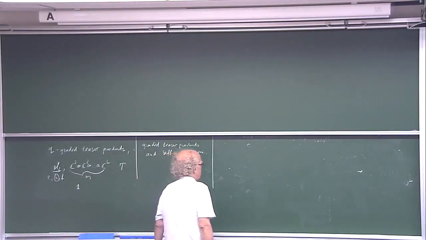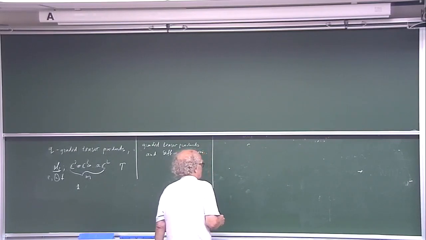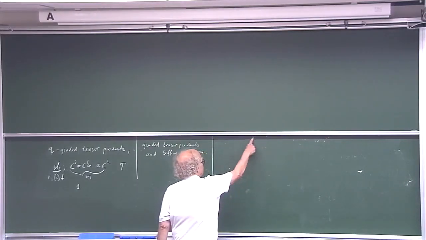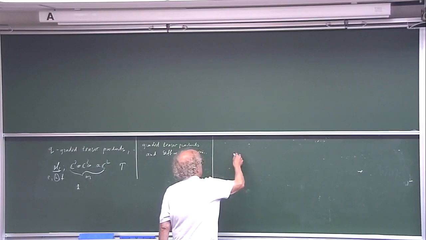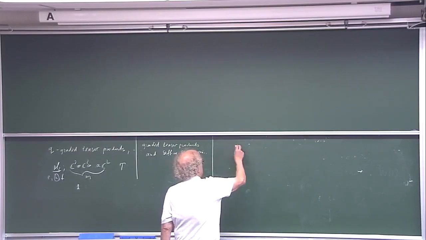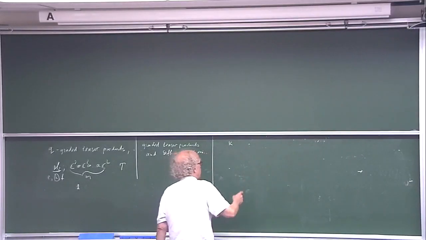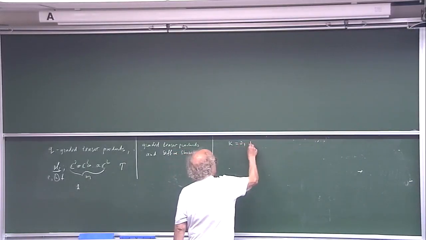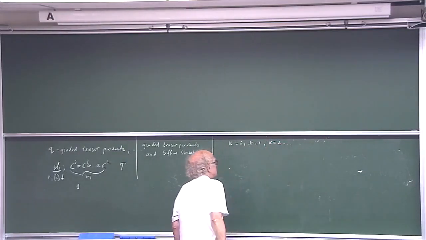I did not explain that in detail, but I have this situation which we are talking about all the time today, k equals 0, k equals 1, k equals 2, and so on.